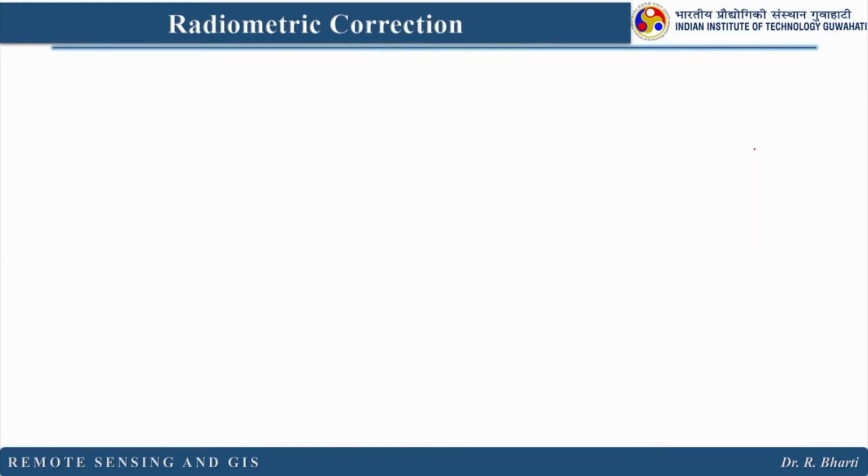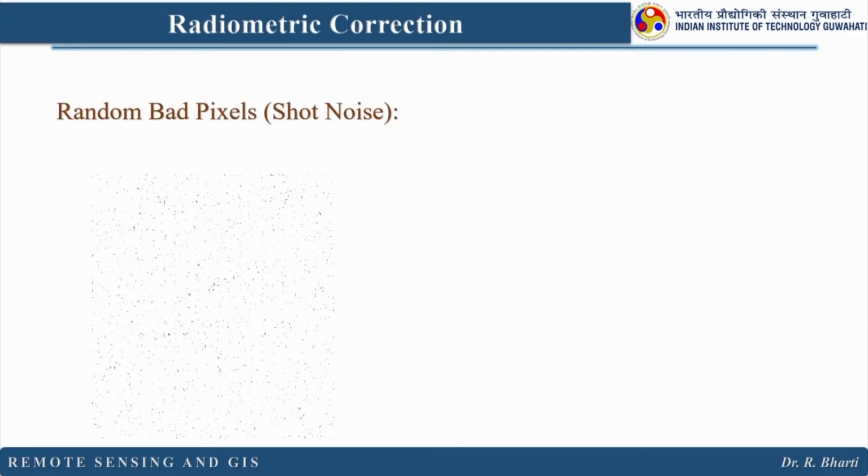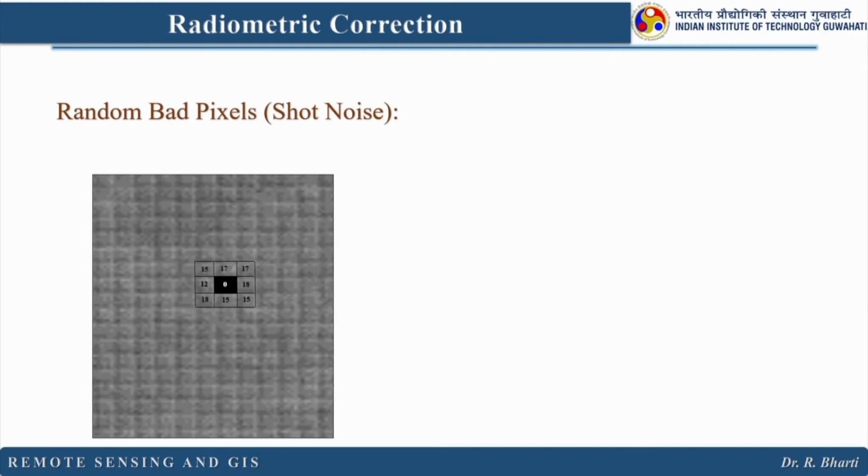So how do we calculate that? Now here I have chosen some random numbers just to explain the logic. This is the value 0 which has been recorded by the sensor, but this was supposed to be some different value, right.